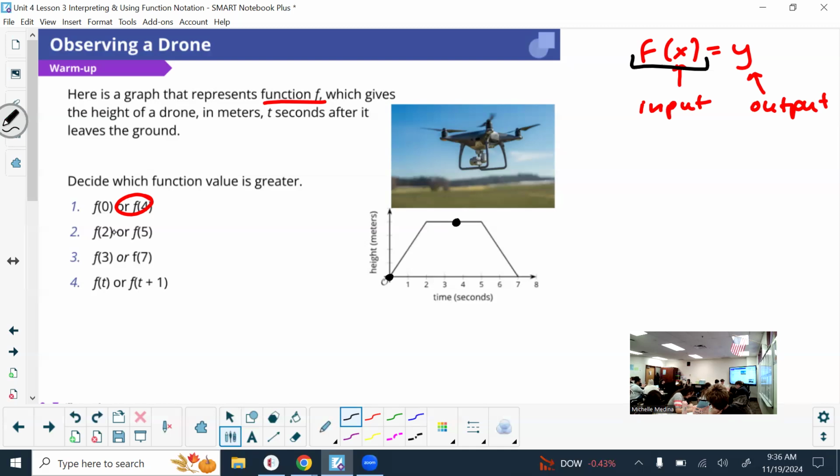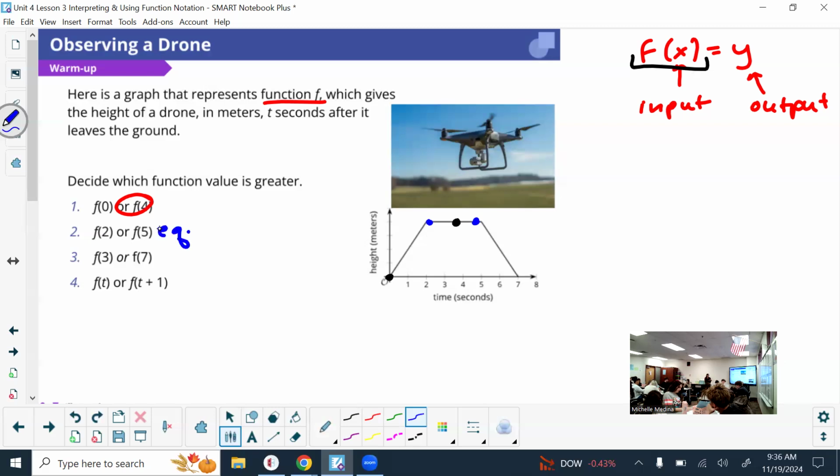Table 1, what about f of 2 or f of 5? Okay, so let's see. The output for f of 2 would be here. The output for f of 5 would be here. So this one's more of a trick question because these are actually what? Equal.